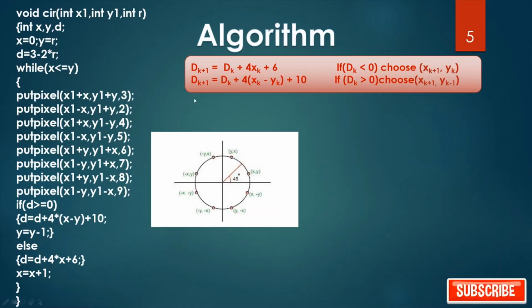Now if d greater than 0, the second case, you have to write d equals d plus 4 times (x minus y) plus 10, this formula. Then also you have to decrease y, so y equals y minus 1. And if d less than 0, the first formula, you have to write d equals d plus 4 times x plus 6. So this is the programming behind Bresenham's circle drawing algorithm.